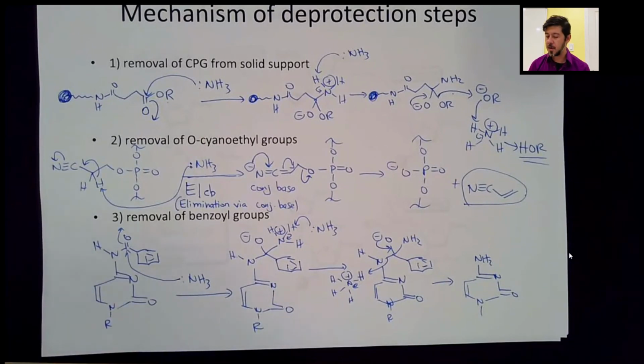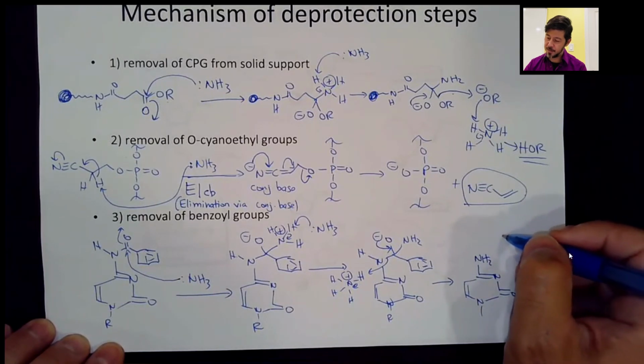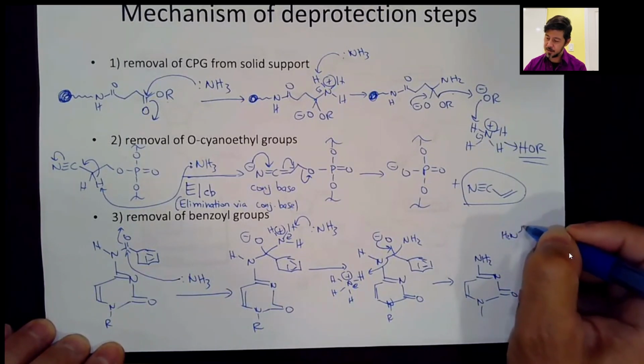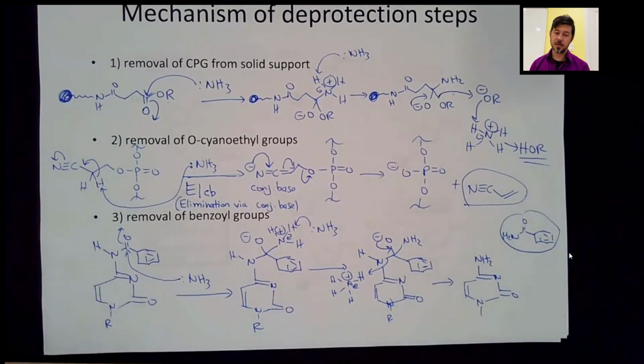So this will work. I've shown the example with cytidine, so it'll be analogous to adenine and guanine as well. You can see that your byproduct as a result will be this compound here, which again is fairly small, and you don't need to worry about it. It'll come off under reduced pressure on the rotavap.